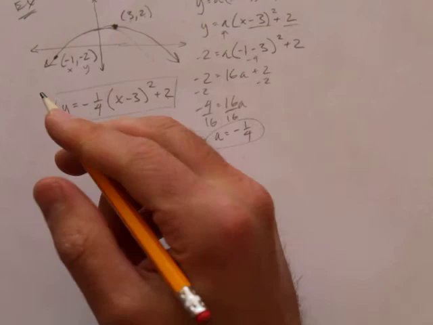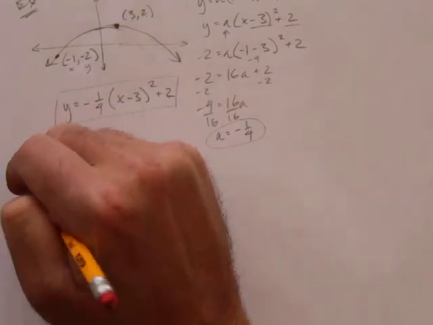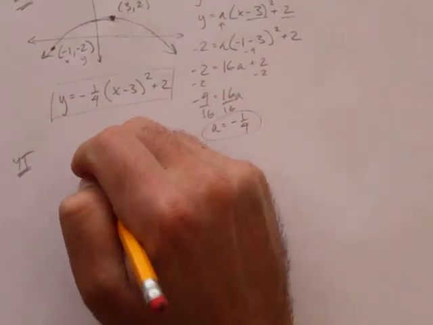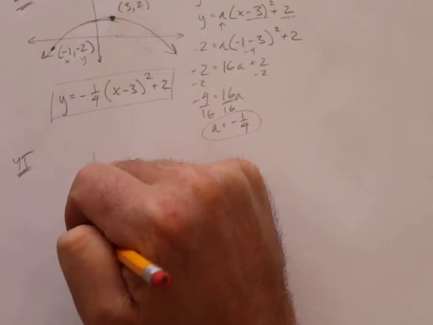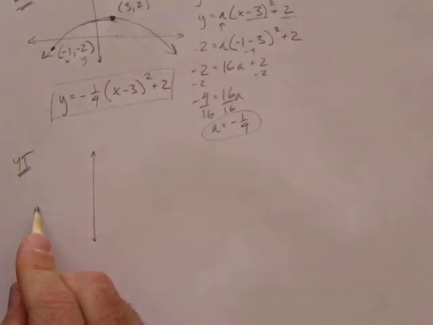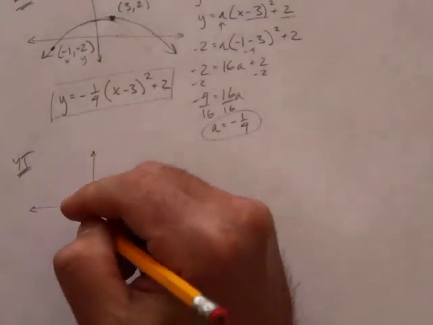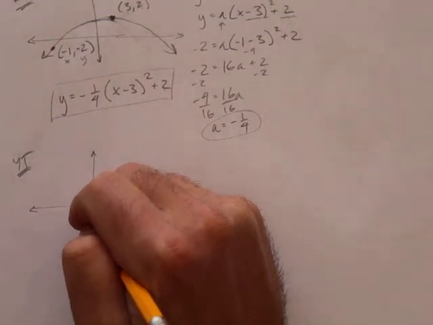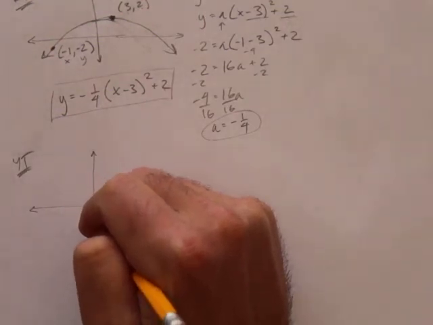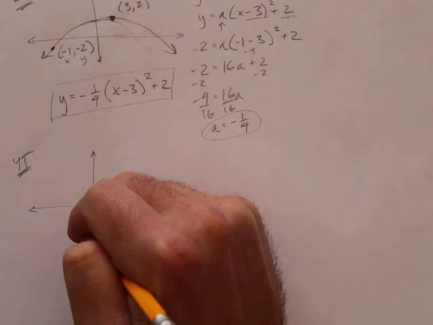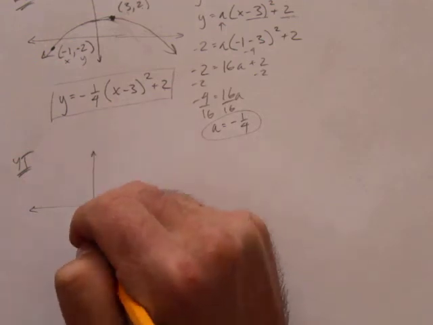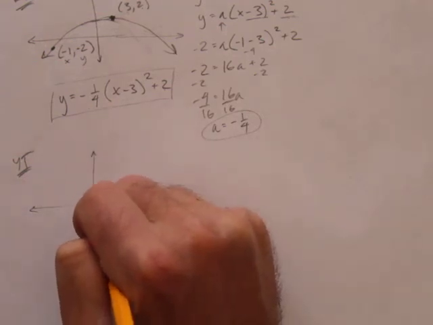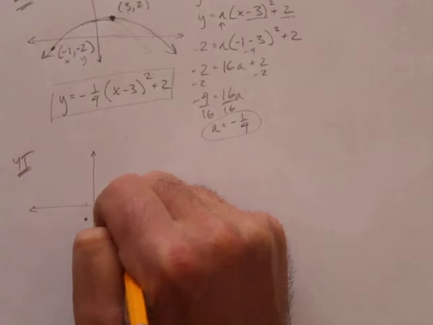All right, let's see if you guys can do one following what I just did here. So now I've got a point here. I'll do a little bit better job here. -1, 1, 2. So here's the point, (-1, -2).